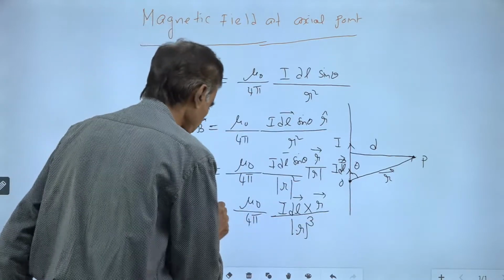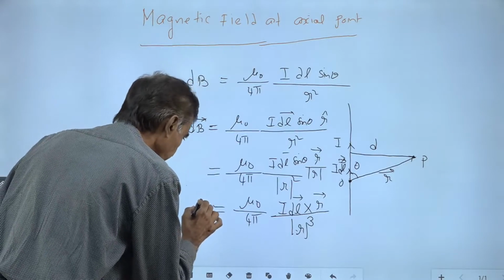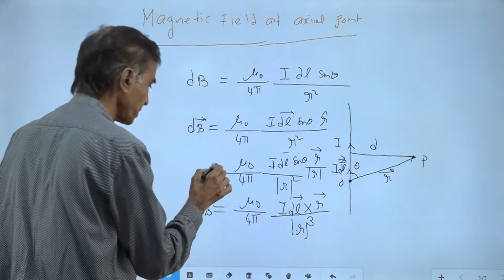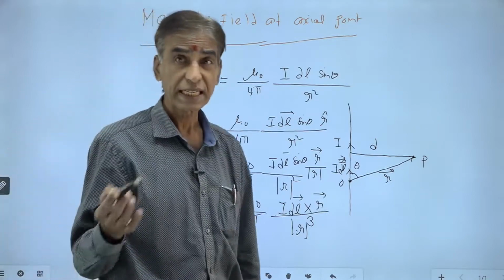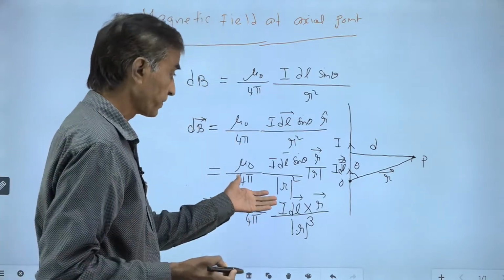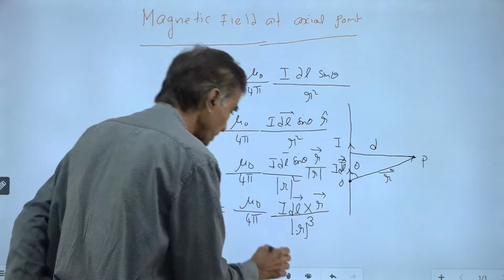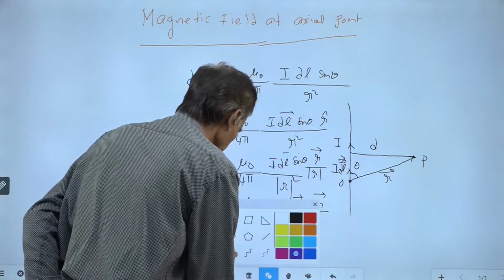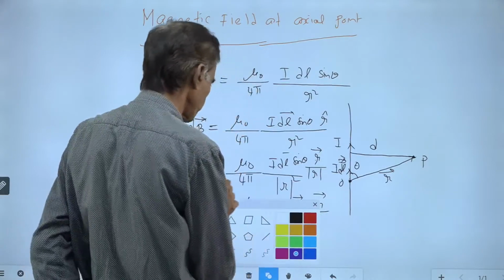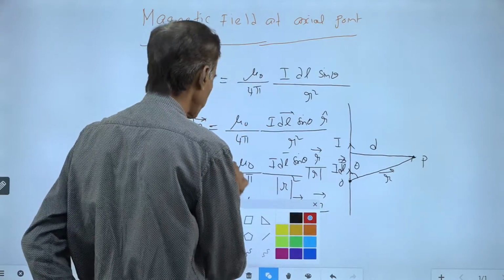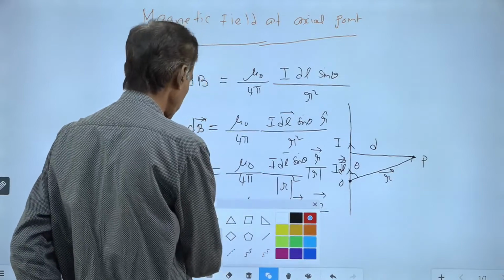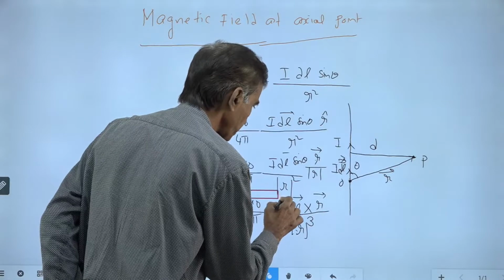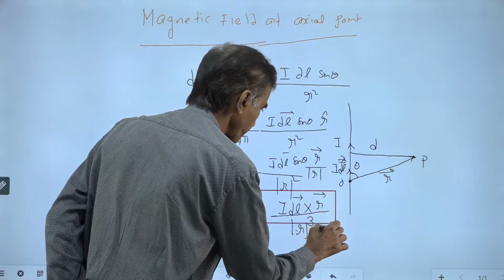Biot-Savart's law in vector form. So, in higher level problems, maybe sometimes in JEE Main or JEE Advanced, it will be very, very useful for us. So, this is our Biot-Savart's law in vector form, and you have to remember this.